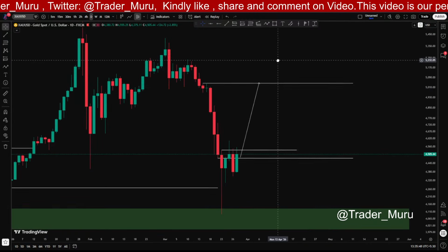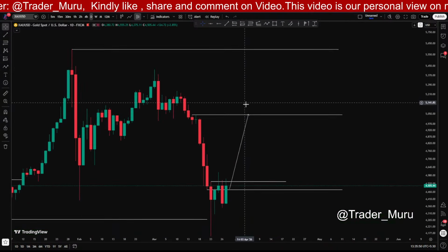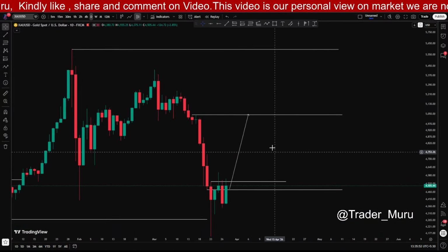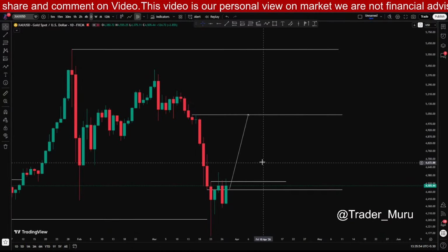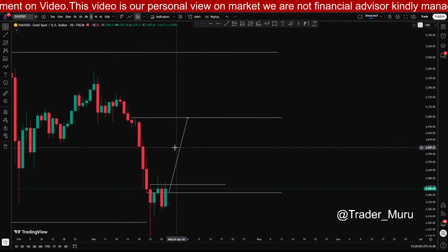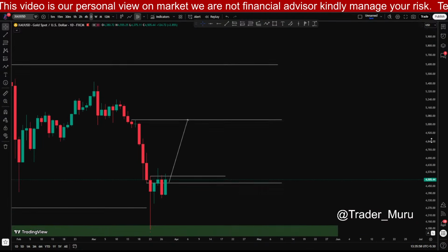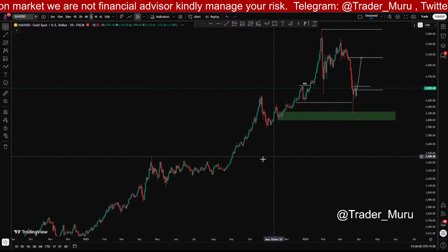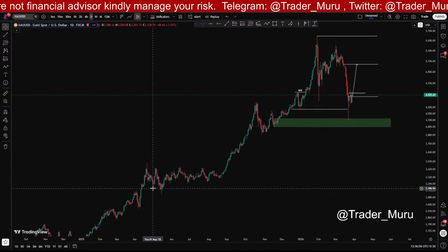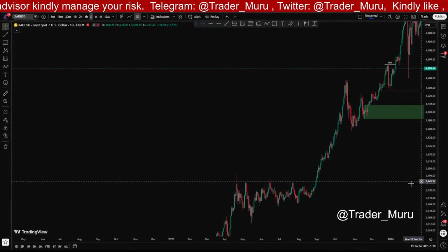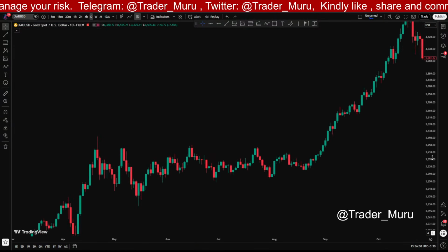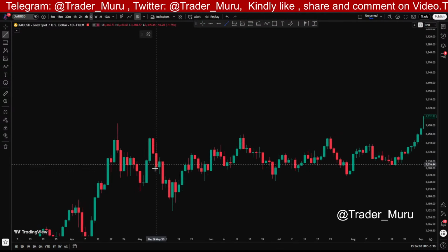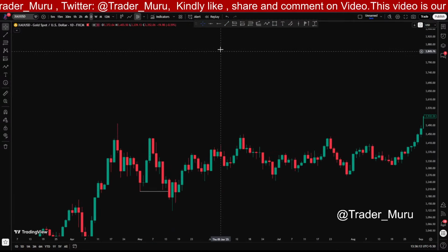Then we will see a possible retracement again, and then we will see a continuation in a bigger time frame range, just like this. Low gets swept. Just look at here. Low gets swept.